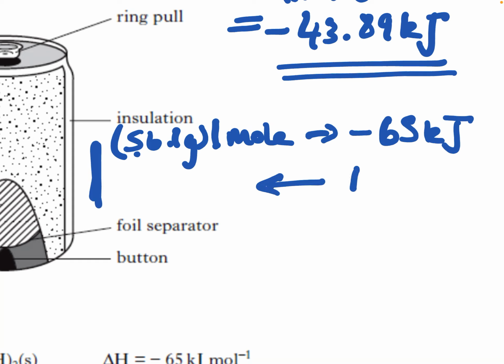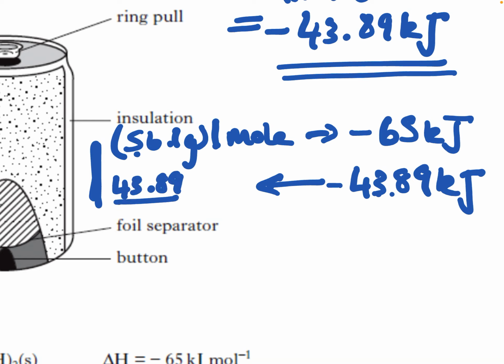And to go to 43.89 kilojoules, what we're going to do is a calculation on this side. And we're going to go 43.89 divided by 65. And we're going to times that by the 56.1.